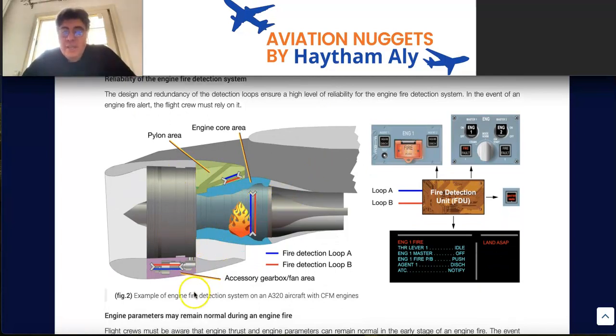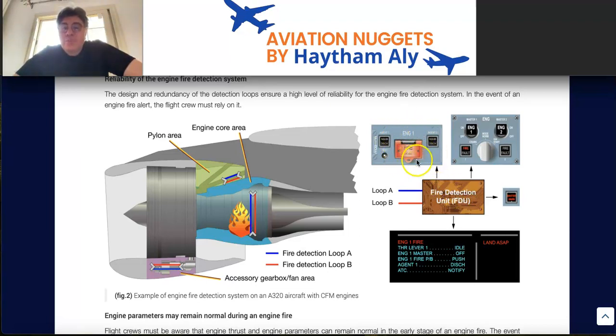And regarding the pylon area, the core area, and the fan area or accessory gearbox, we have the double loop or dual detector loops, loop A and loop B, that detect a fire. The loops indicate to the fire detection unit a fire indication or an overheat indication, and the fire detection unit manages the alert through the flight warning computer and indicates in the cockpit such engine fire indications.